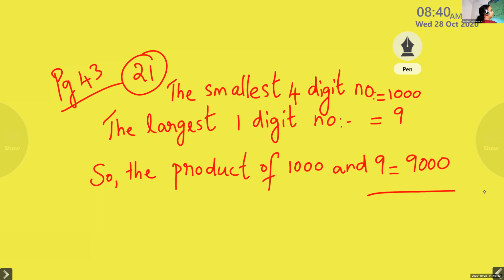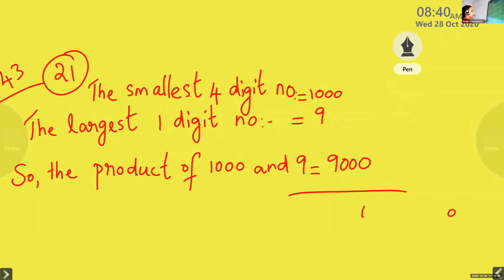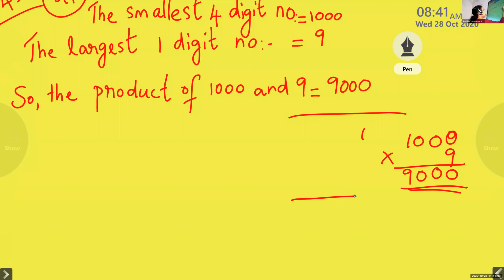If you want to do this calculation, you can do it on the side. 1000 multiplied by 9. 9 into 0, 0, 9 into 1.